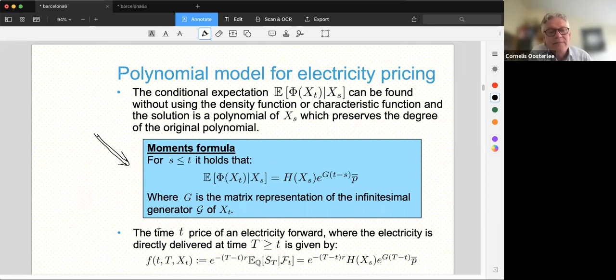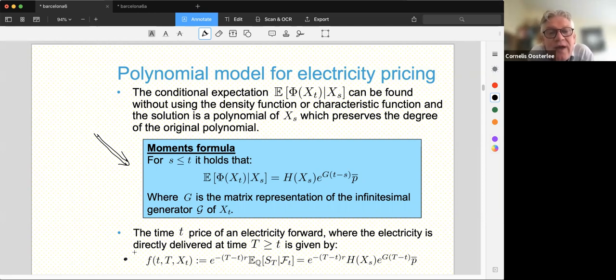So the time t price of an electricity forward, where the electricity is directly delivered at a future time capital T, is given by such a conditional expectation, the one that we have just seen. So for many of these prices, in the classical pricing methodology, we don't need a characteristic function or a density.